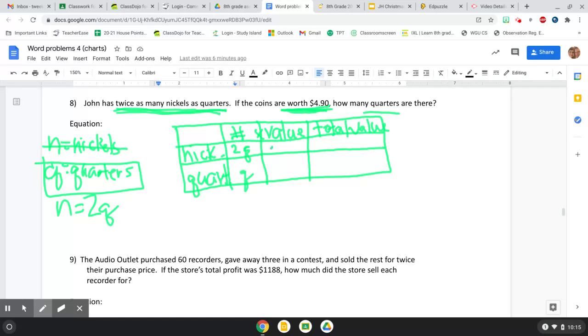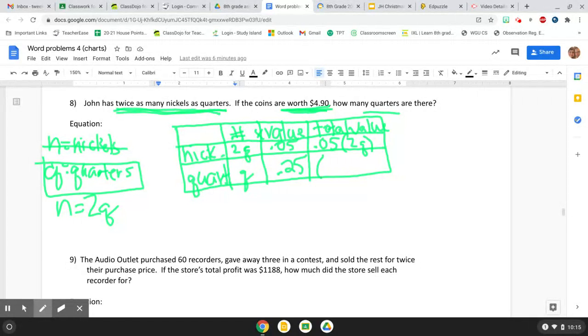Well, the value of a nickel is 5 cents, so 0.05. And on quarters, it is 0.25. All right, I can multiply across and see that total value. So that's 0.05 times 2Q.